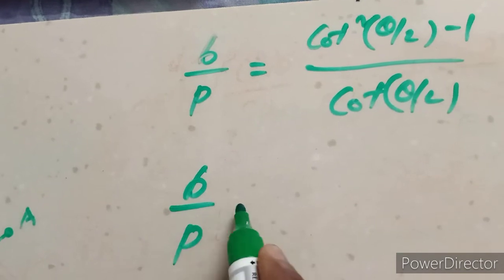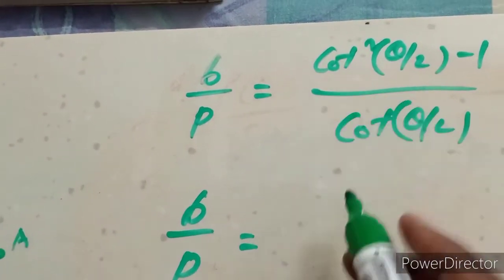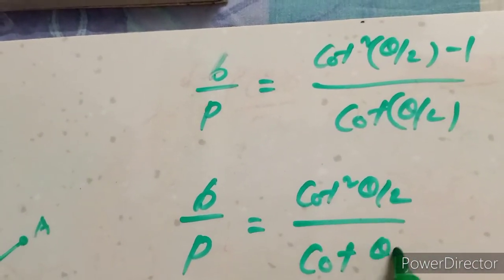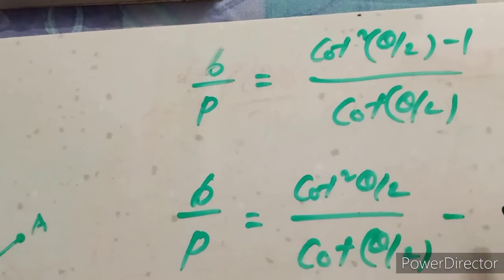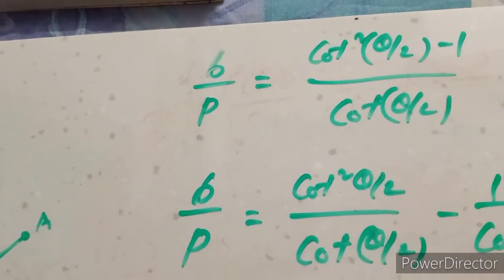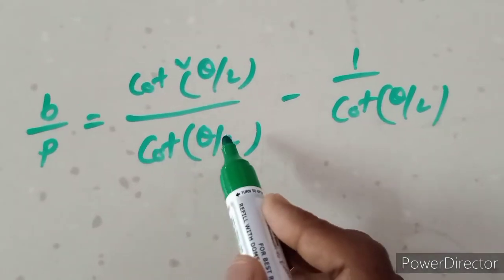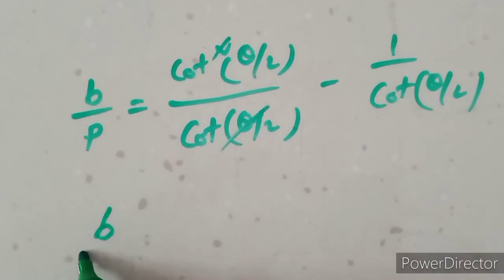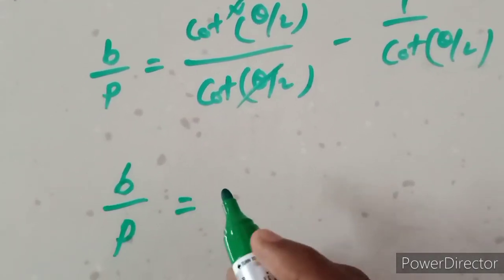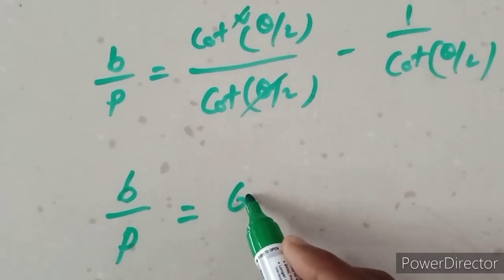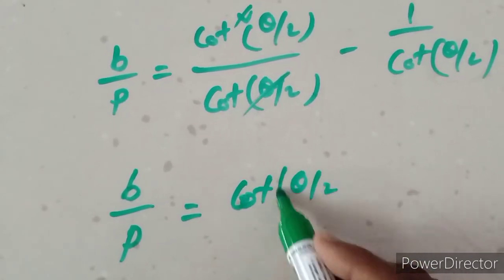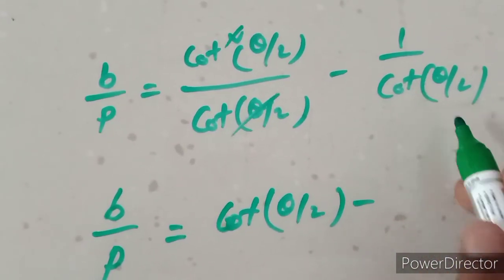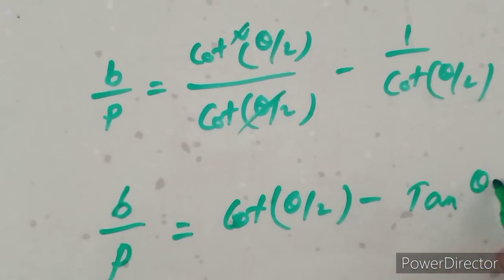B upon P equals cot square theta upon 2 upon cot theta upon 2 minus 1 upon cot theta upon 2. Here cot theta upon 2 squared is cancelled, remaining B upon P equals cot theta upon 2 minus tan theta upon 2.